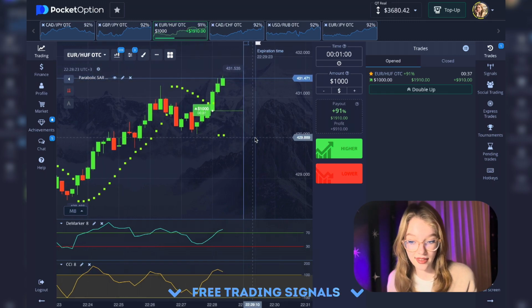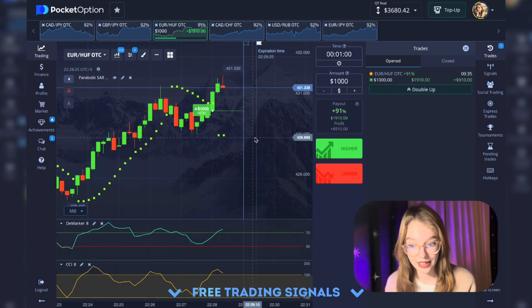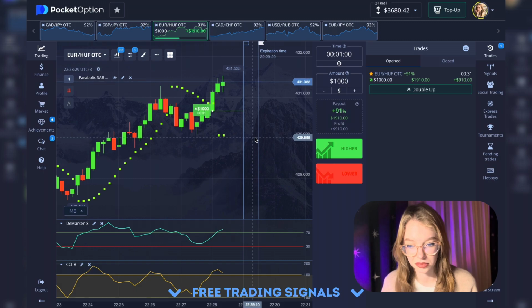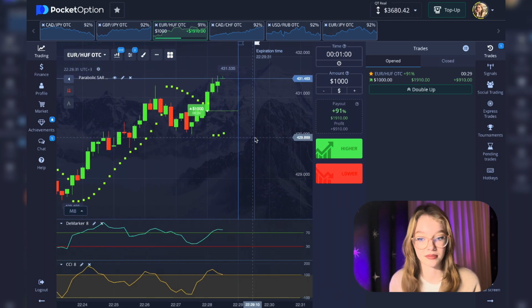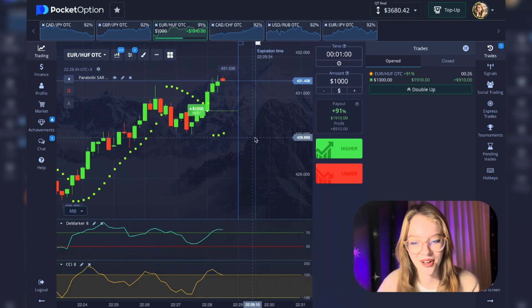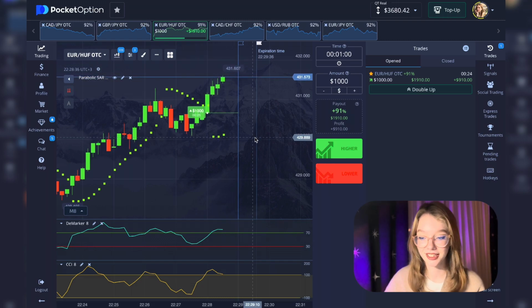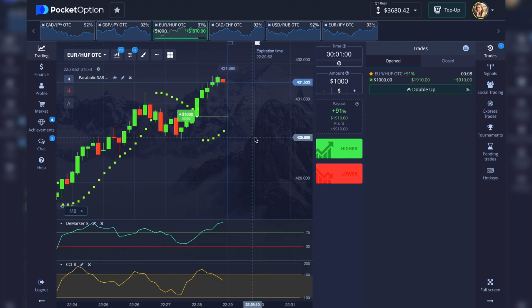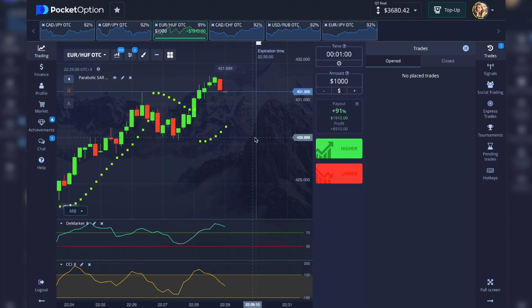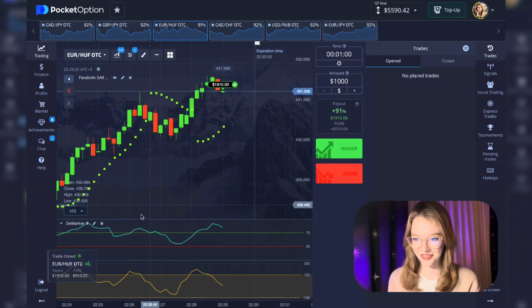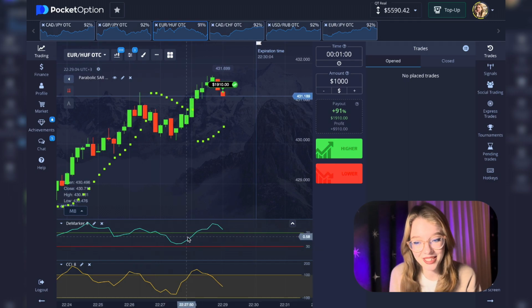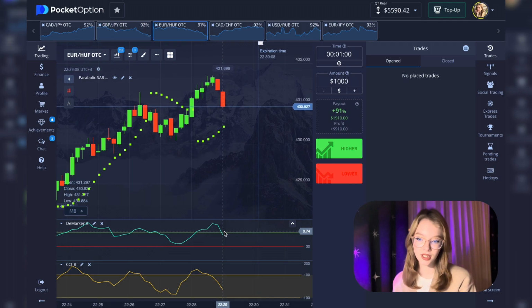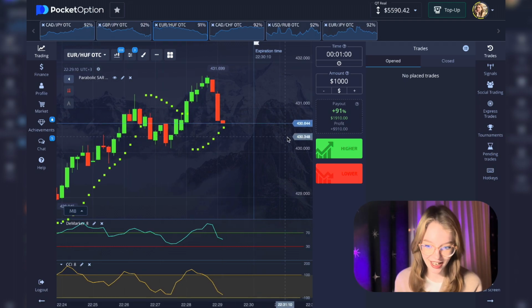So the hope for profit has grown very much. We are waiting for our $900 of profit. Wow, the deal is successful. Immediately after its closing, the chart went down. I'm lucky.